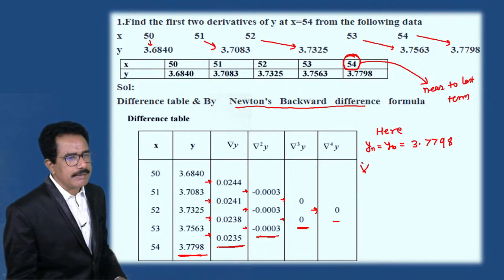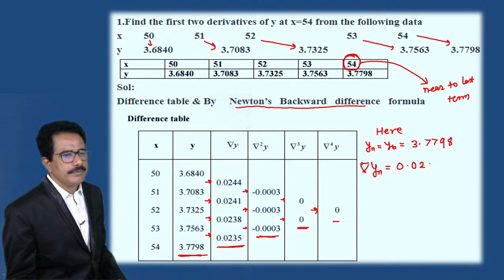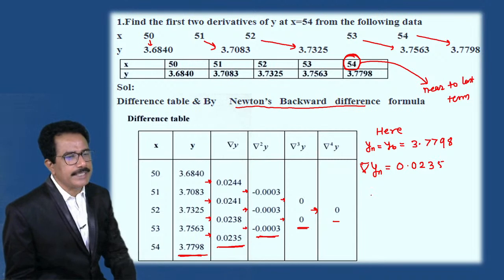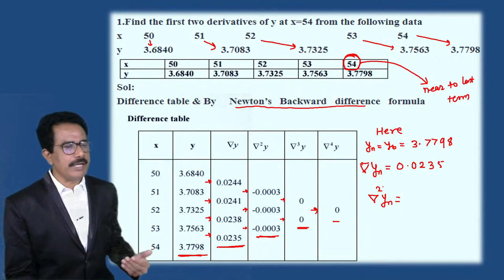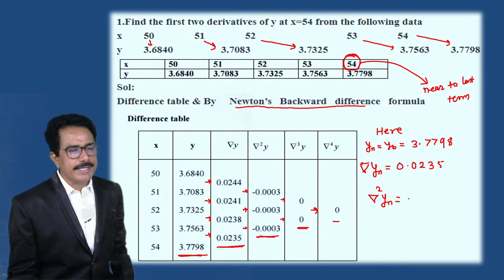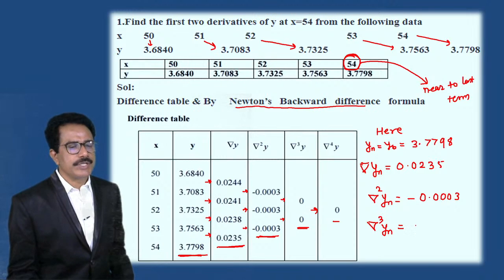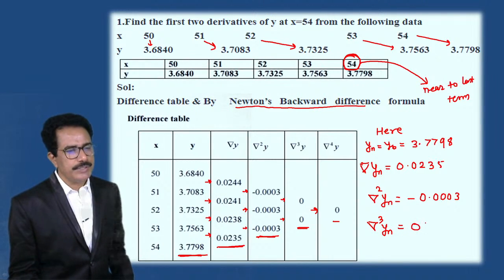Del yn is equal to 0.0235. Also we can write del square yn. Tell me, what is the value of del square yn? Del square yn is minus 0.0003, and del cube yn is equal to 0.